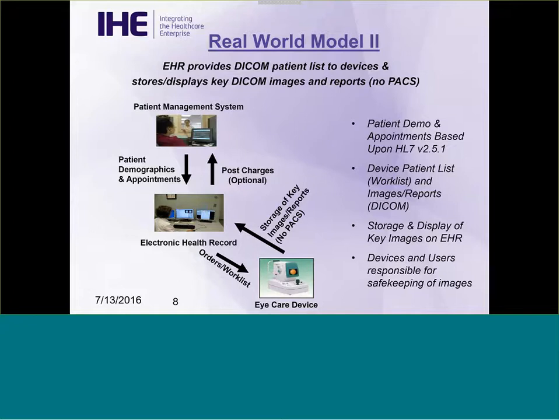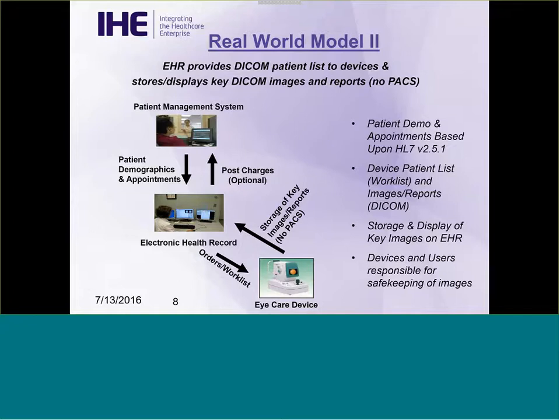Now, what we've defined in RealWorld Model 2 is the ability for the EHR to store key images and reports on the EHR system. Now, one thing to understand is that doesn't mean the EHR is an archive. So in RealWorld Model 1, for example, the eye care devices would send all their data to an archive, and that could be everything that I generate.